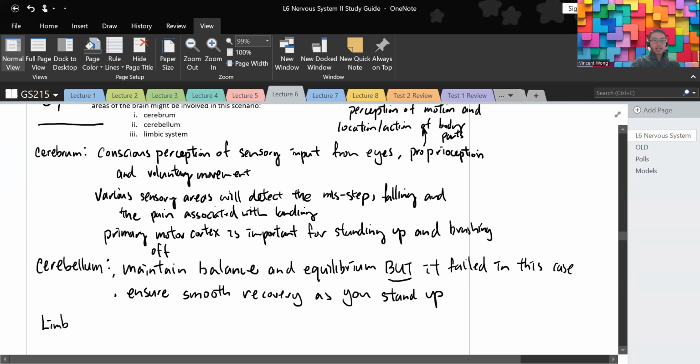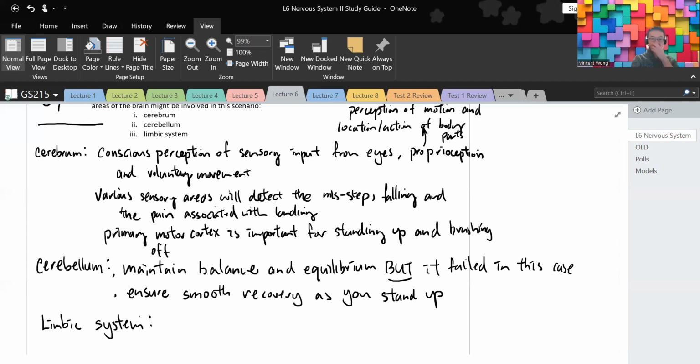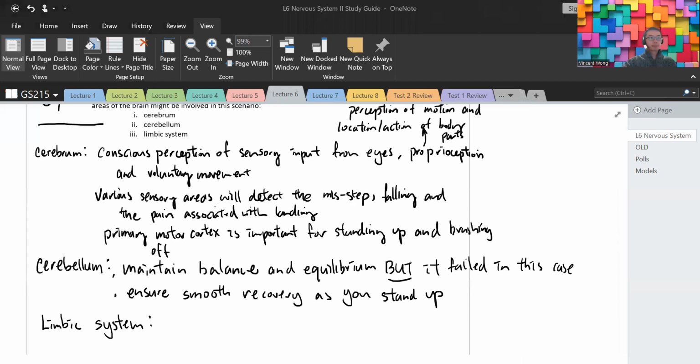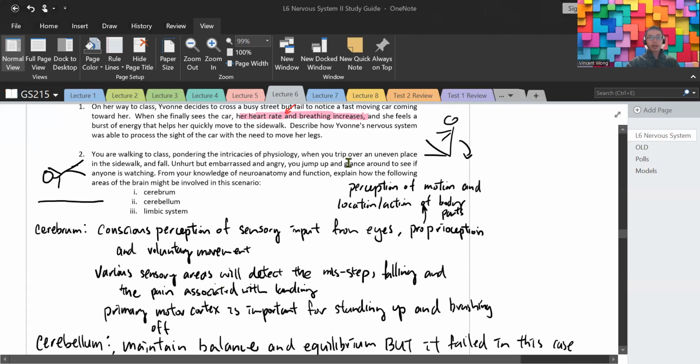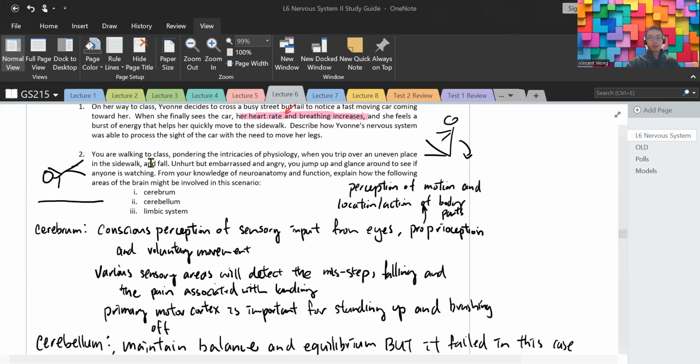Okay, last but not least, the limbic system. Anybody want to speculate how the limbic system is going to play a role in this particular scenario? And remember, how do you feel after you fall?